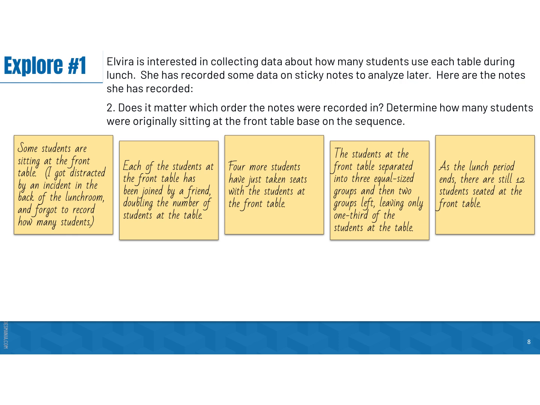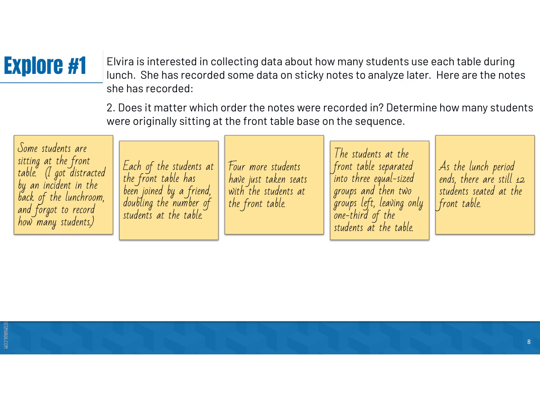And what we're going to do is figure out, does it matter which order the notes were recorded in? And then we're also going to determine how many students were originally sitting at the front table itself. So in math, what are we trying to figure out? How many students were originally sitting at the front table?